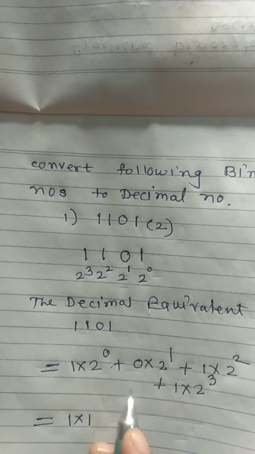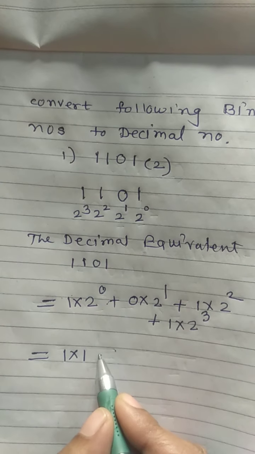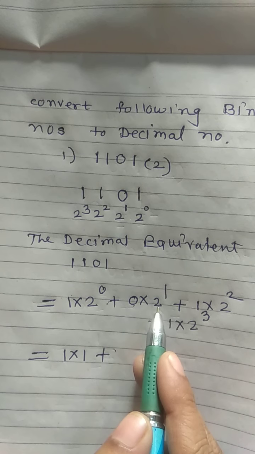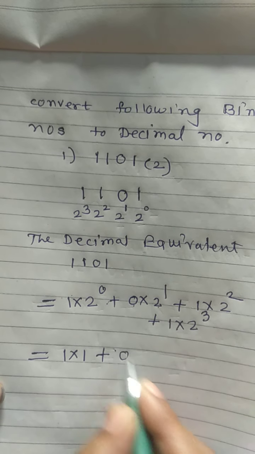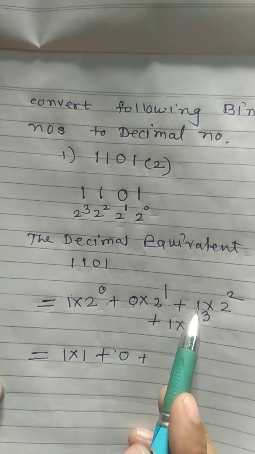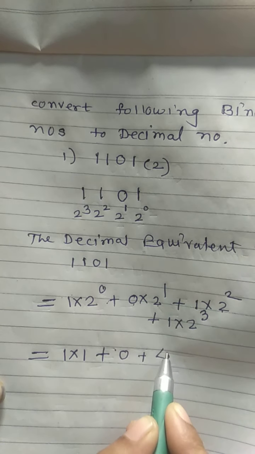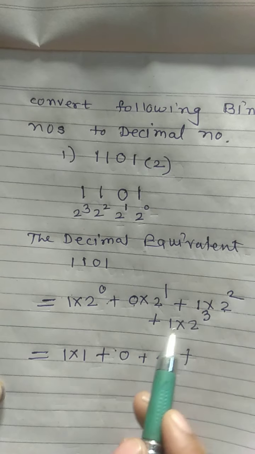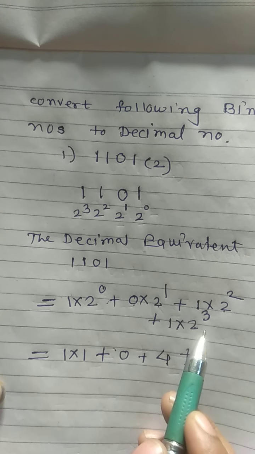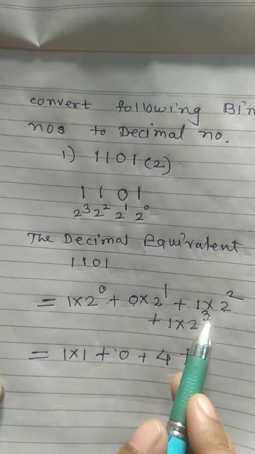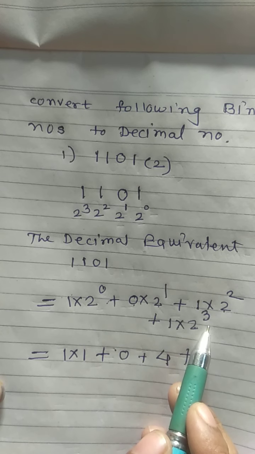Anything raised to 0 is 1. Plus 0 into 2, 0. Plus 1 into 2 square, 1 into 4 is equal to 4. Plus 1 into 2 cube, 2 raised to 3 is equal to 8.